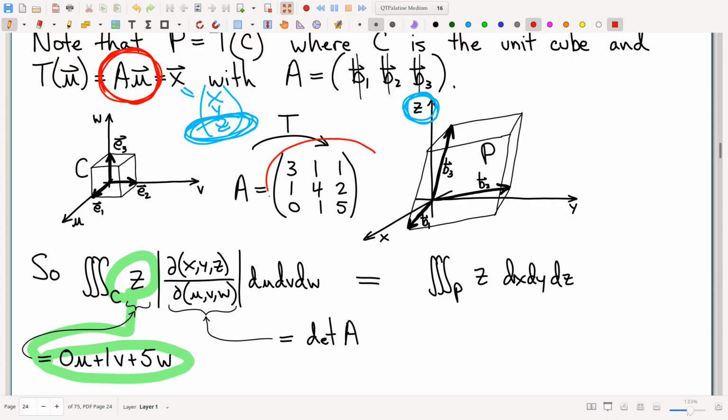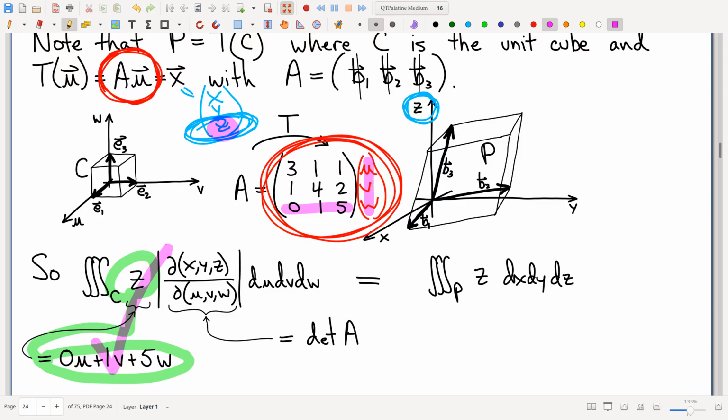So A times UVW, and again I want the third output. The third output would be the dot product with the third row, and that gives me that. Is that cool for everybody? Everybody see what I did there?